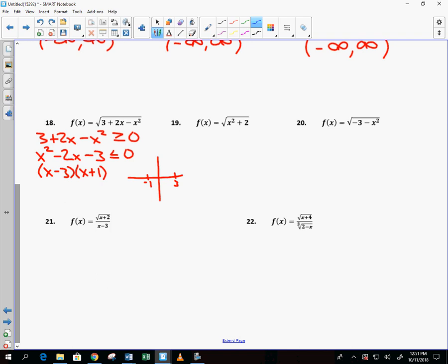Is it a positive x squared or a negative x squared? So therefore it goes up. Okay, parabola goes up. Am I wondering where it's above the x-axis or below the x-axis? Below. It's below the x-axis between -1 and 3. So that's the domain.